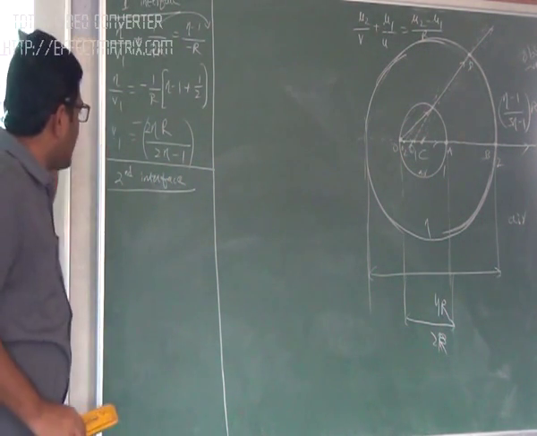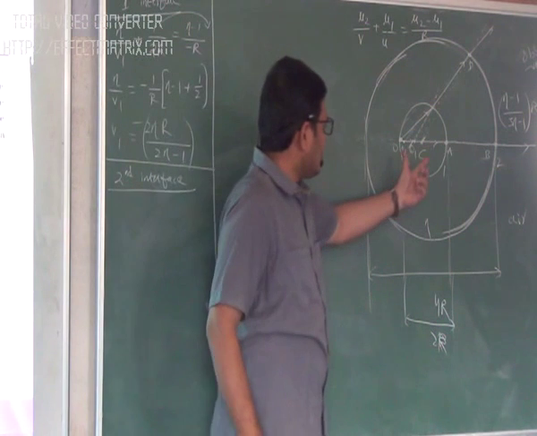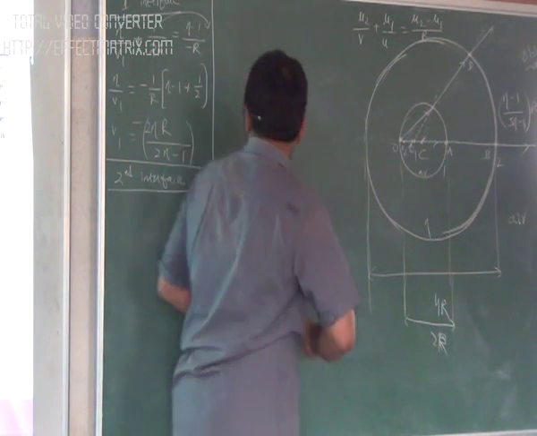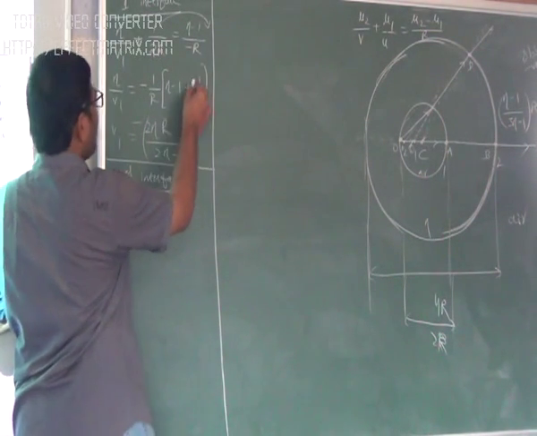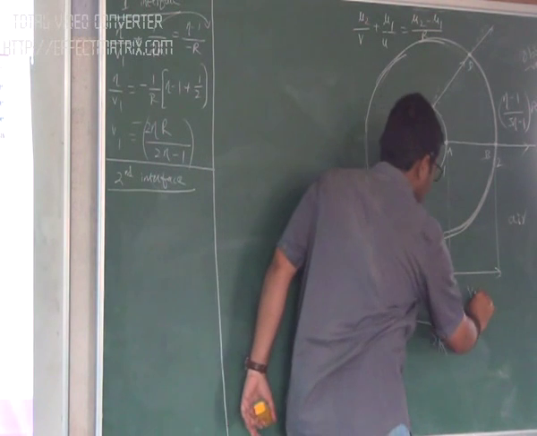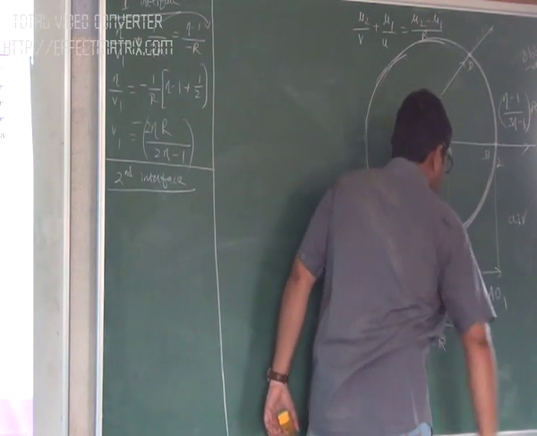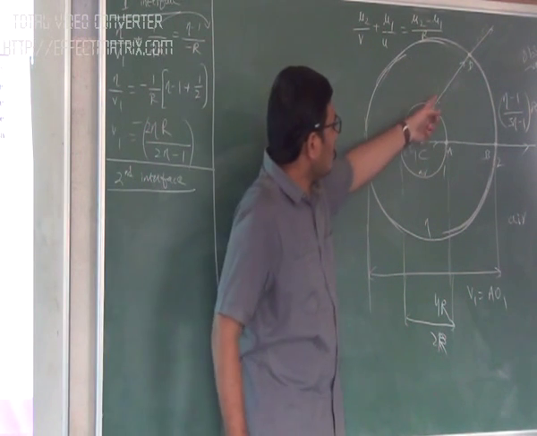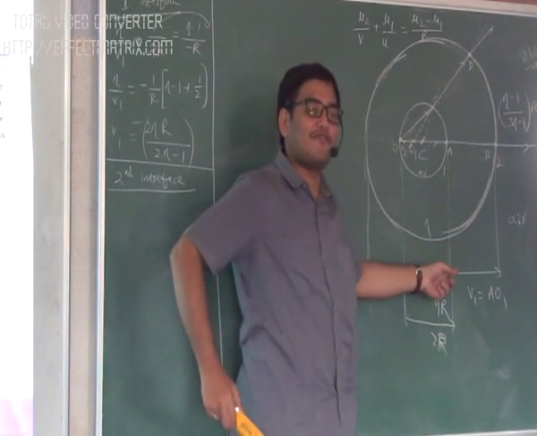What is this V1? V1 is nothing but AO1, and this O1 is the object for the second interface.